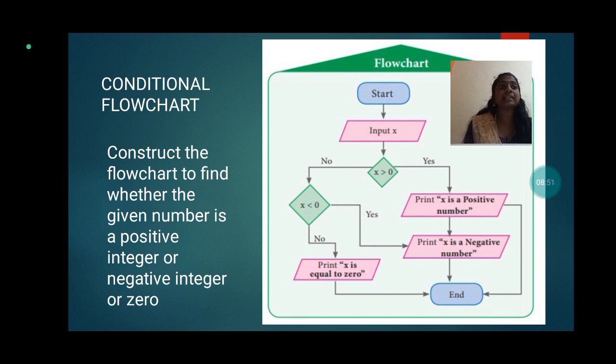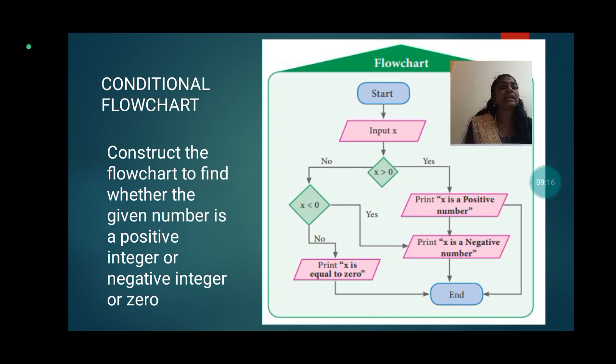Next, we want to take the decision whether this input is a positive integer or negative integer or 0. So, first we take the decision box. In this box, we take x greater than 0. On the right side, we take yes, x is greater than 0.